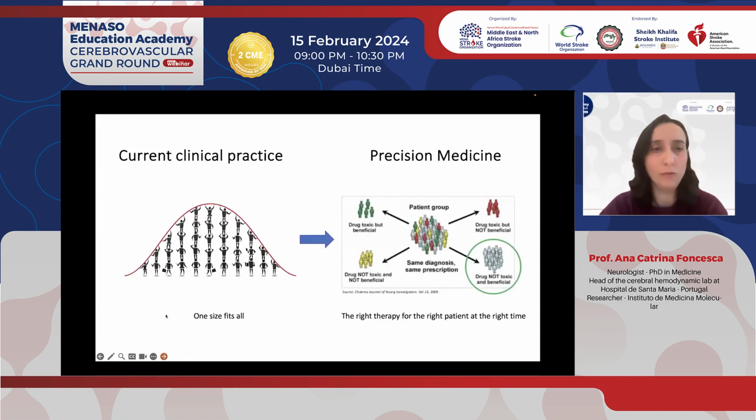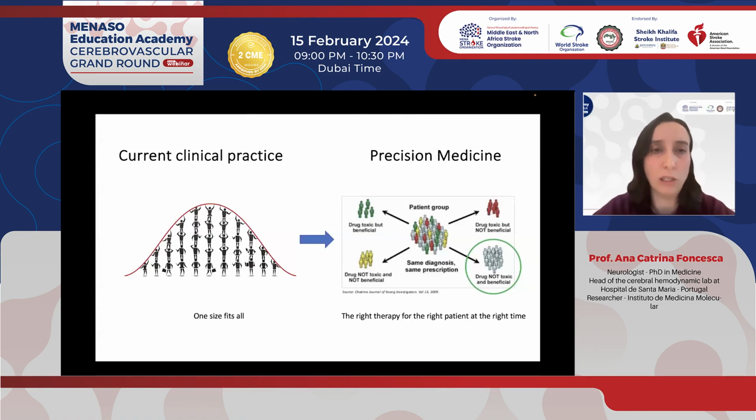So, on the left side, I'm showing you what we currently do. This is the current paradigm. Whenever in current clinical practice we think about treating a patient, we tend to use the results from clinical trials and evidence-based medicine. And what we are actually treating is the majority of the patients. Patients and their characteristics are distributed in a normal way, using a Gaussian curve.